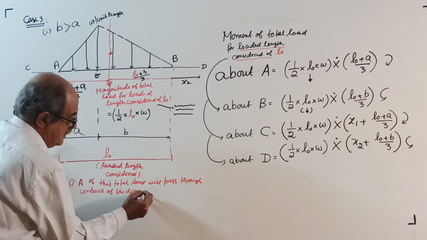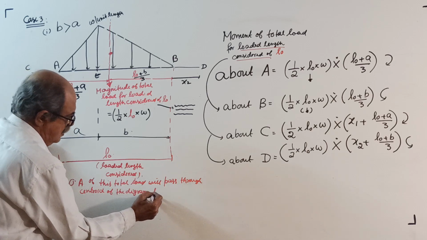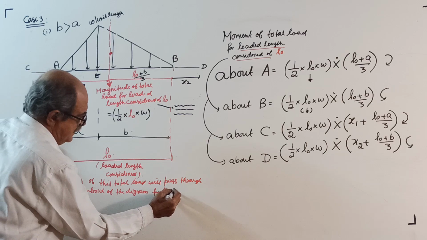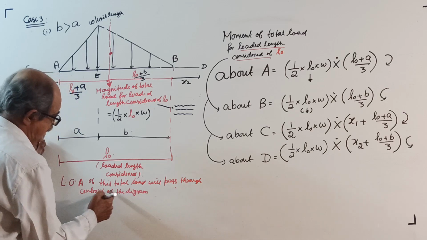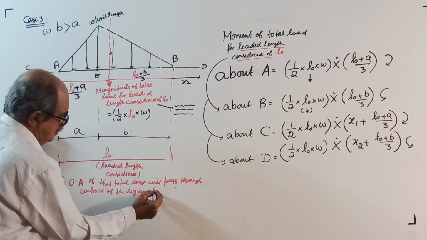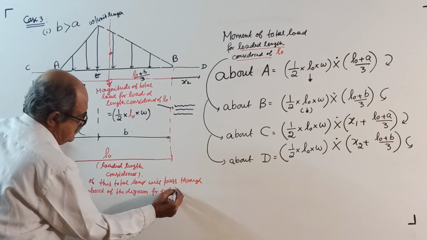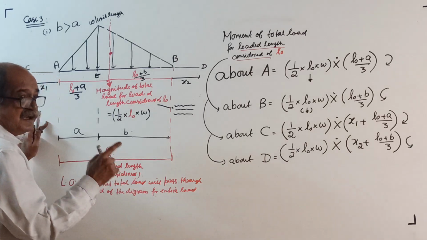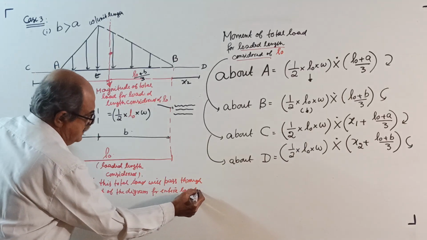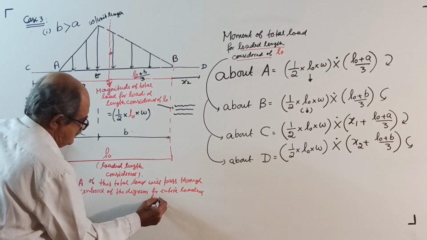Next time I will dictate. Centroid of the diagram for the entire loaded length. And you can write: centroid of the diagram representing the load for the entire loaded length considered.